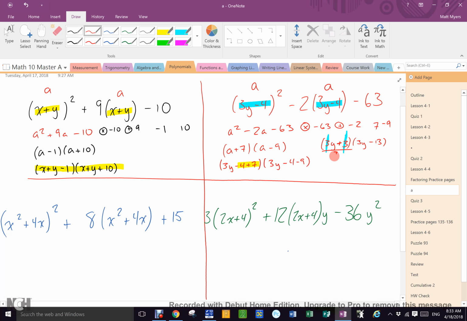To the front. What's 3y divided by 3? Y. Plus 3 divided by 3 is 1. Is there any common factor with 3 and 13? Nope. So it stays the same. Now, that's your final answer.